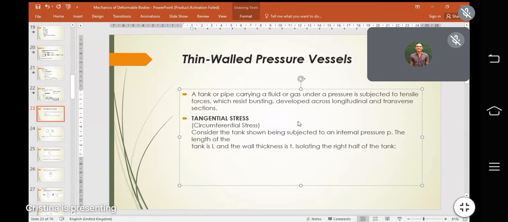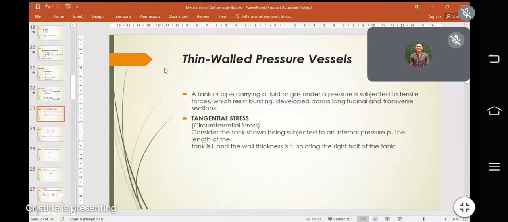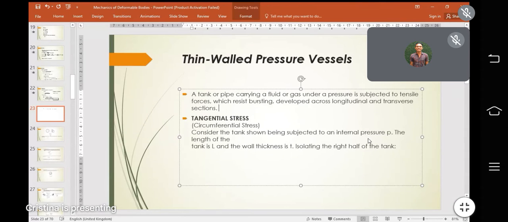You will be asked about a pressure vessel like that, but in the end it is not thin-walled, so all your computations are wrong. If it is not thin-walled, you don't have to solve that type of problem.